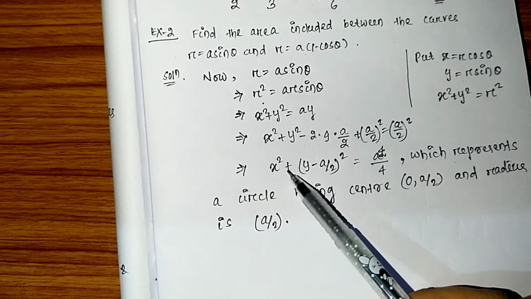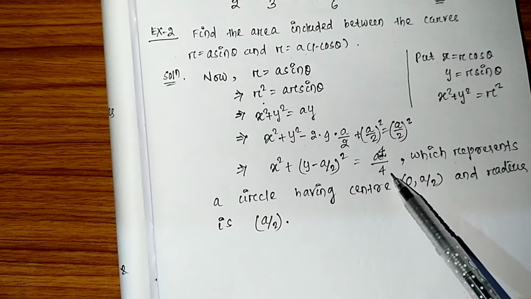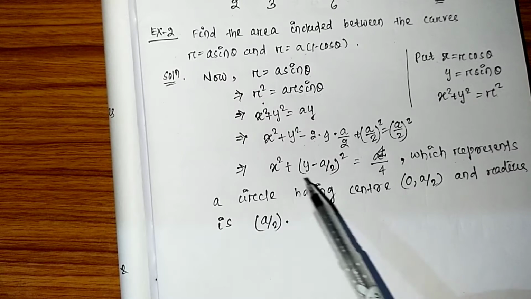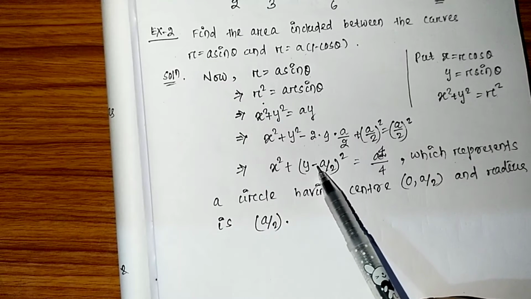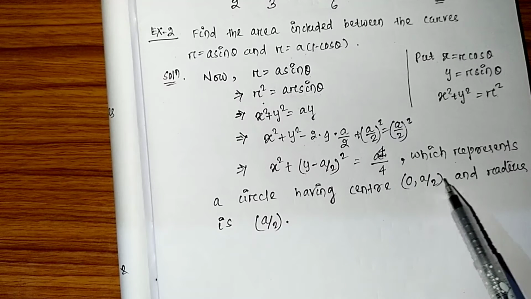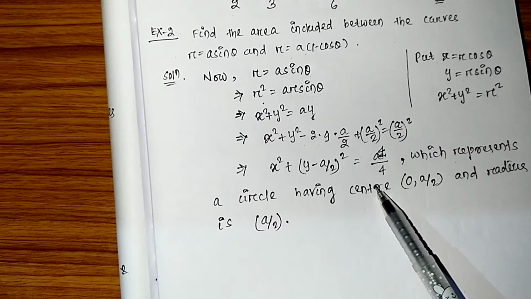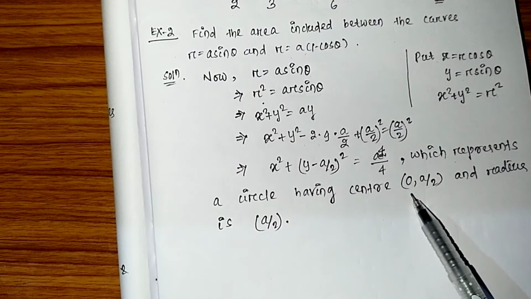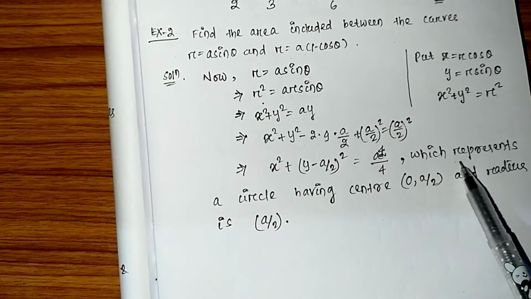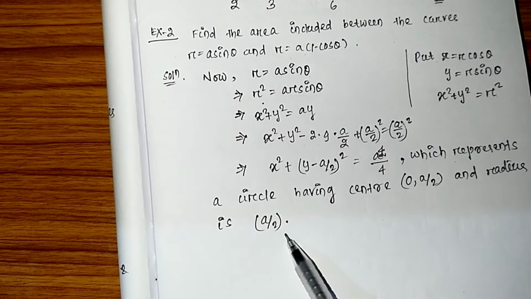Then we get x square plus y minus a by 2 whole square equal to a square divided by 4, which represents a circle having center 0, a by 2 and radius a by 2. So r equal to a sin theta is our circle whose center is 0, a by 2 and radius is a by 2.